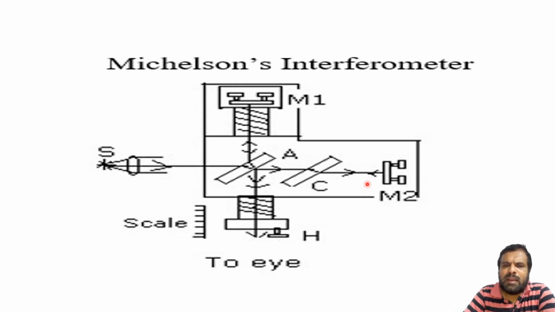If you make one of the mirrors M1 or M2 slightly inclined, you will get a wedge shaped air film. Here you will get straight fringes. This is the working of the Michelson interferometer.